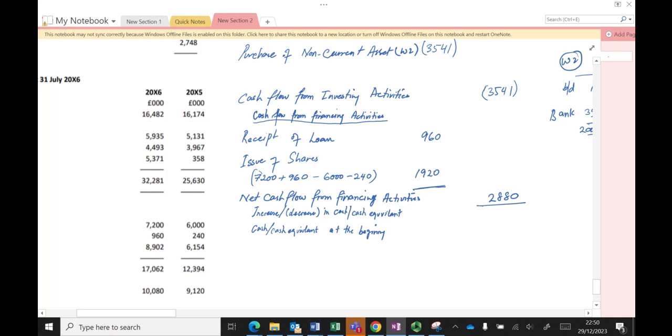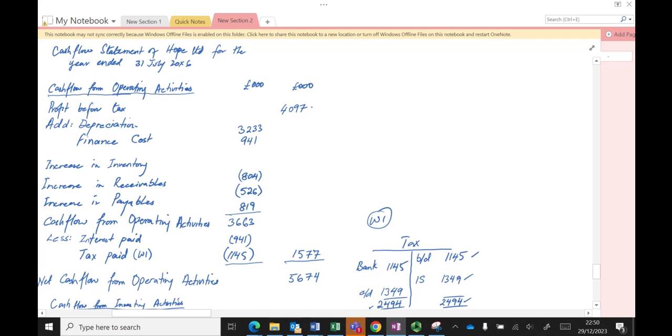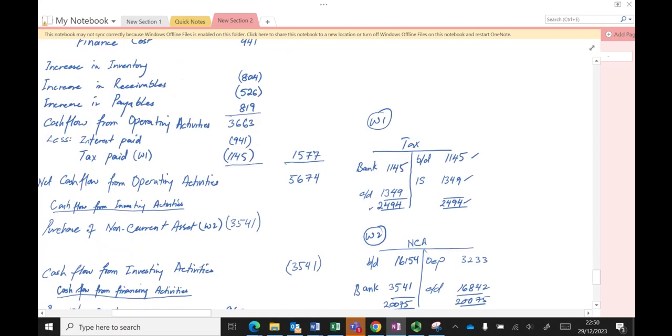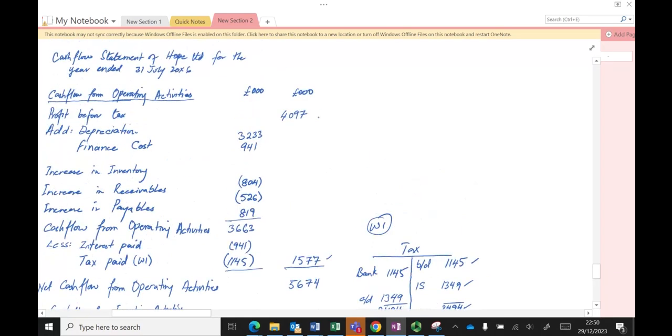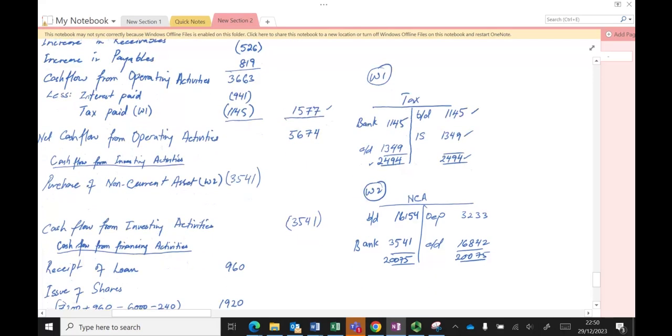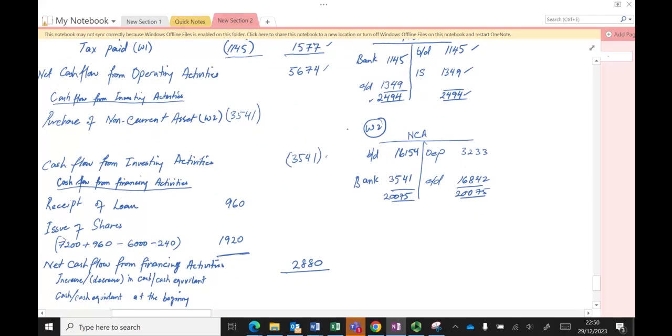Now let's draw the line. Now I have figures over here. I have already added 4,097 plus 1577, and the total is 5674. I should then subtract 3541 and add 2880, and the total is 5013.